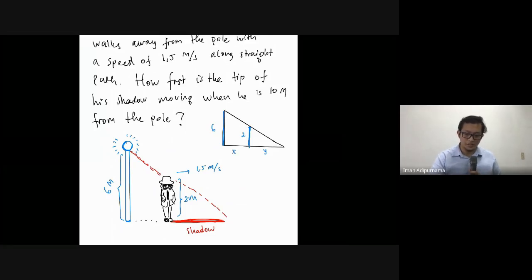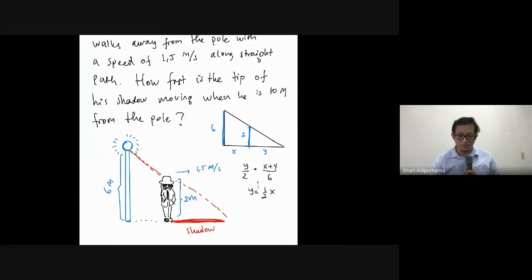The base of the triangle, y over 2 is equal to x plus y over 6. From here, we can solve and get the relation between y and half x. We get these relations.